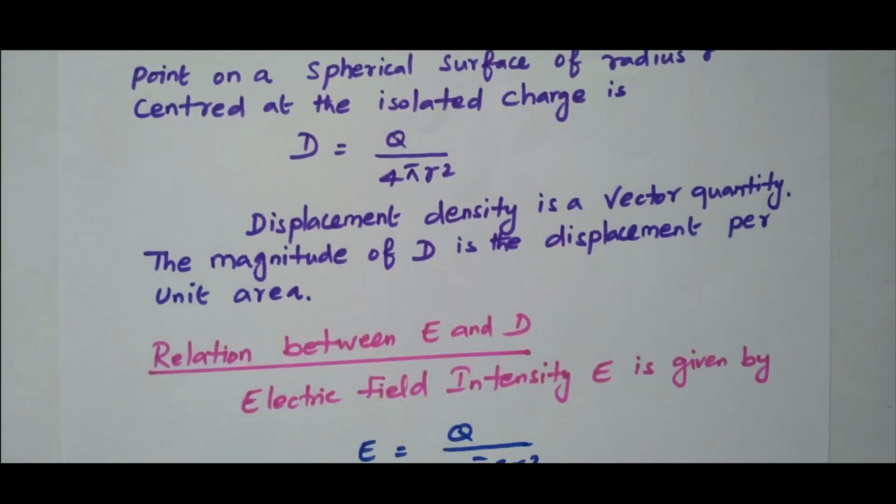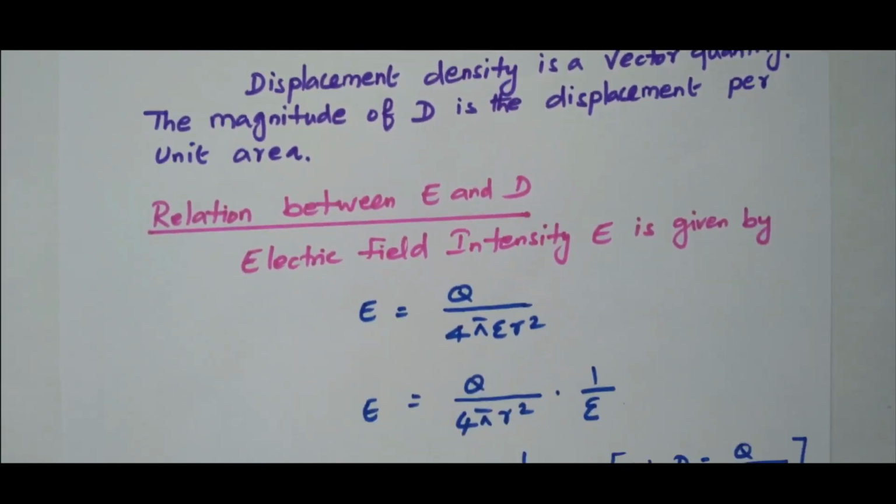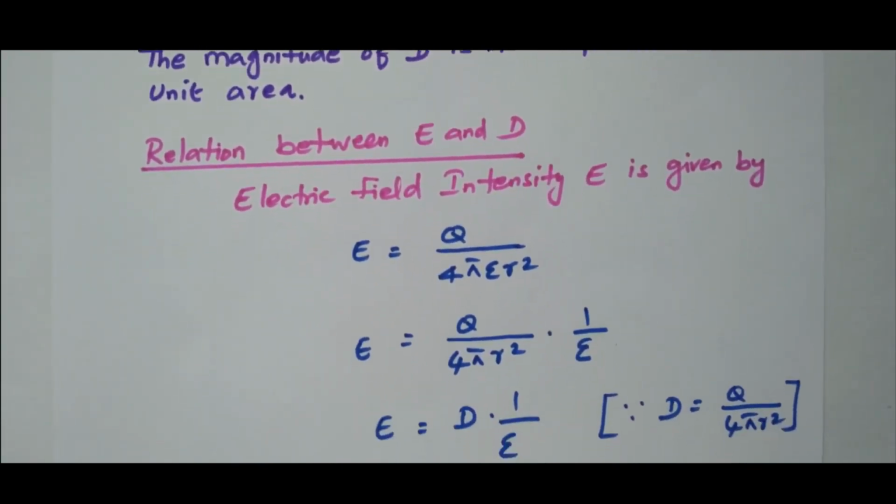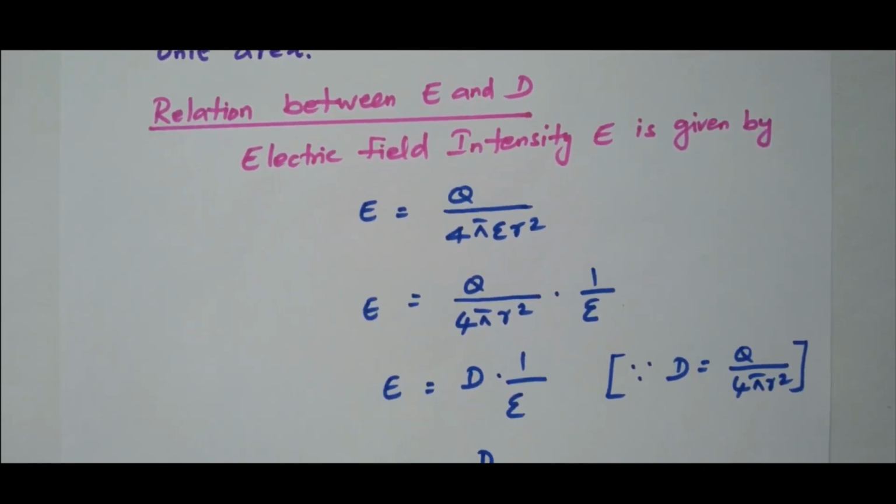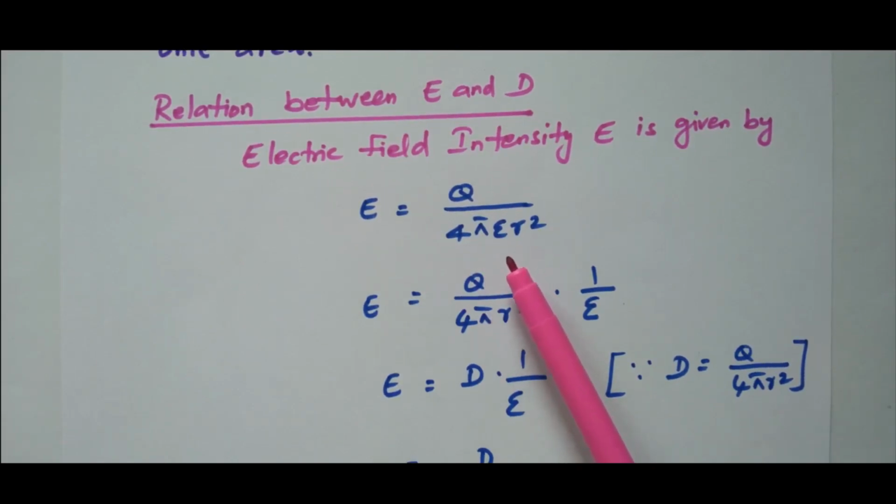Now we'll see the relation between E and D, electric field intensity and displacement density. You know that electric field intensity is q divided by 4 pi epsilon r square. The general formula for electric field intensity, q divided by 4 pi epsilon r square. I will rewrite this, E equal to q divided by 4 pi r square into 1 by epsilon. The epsilon is written separately and q divided by 4 pi r square is written separately.